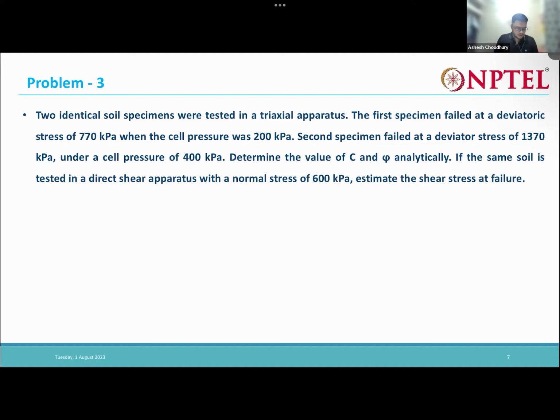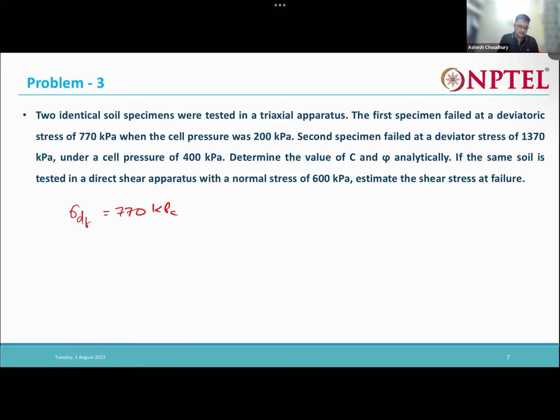Yeah, the third problem. Two identical soil specimens were tested in a triaxial apparatus. The first specimen failed at a deviator stress of 770 kPa when the cell pressure, sigma 3, was 200 kPa, right?